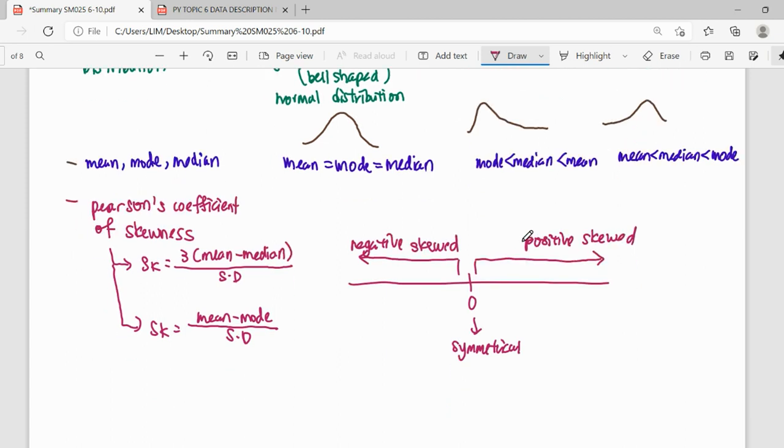Of course, when the value comes very near to 0, we can say our distribution is approximately normal. Very near means 0.00 something. It's very hard to get a reading of exactly 0, but most probably we will get 0.00 something. Then we can say that the data distribution is approximately normal.